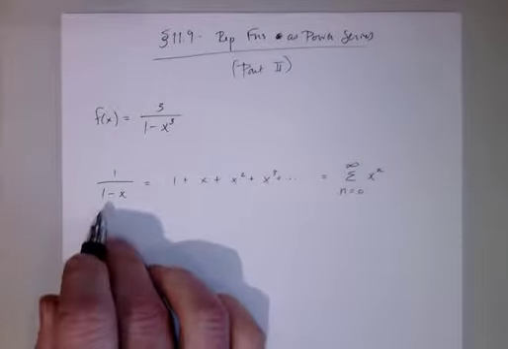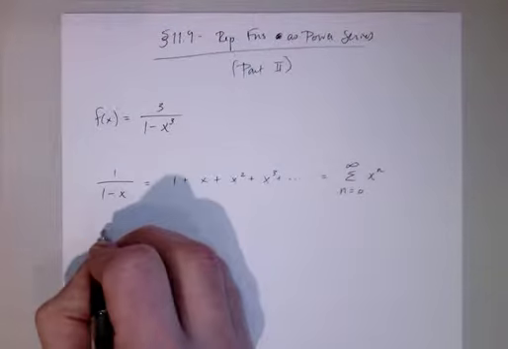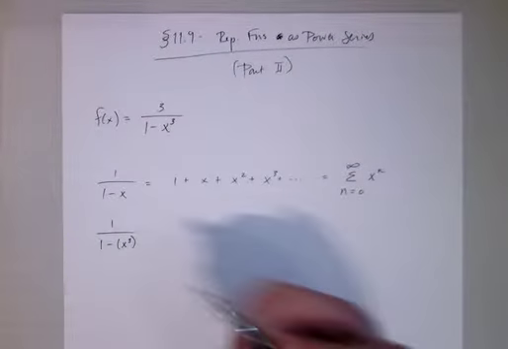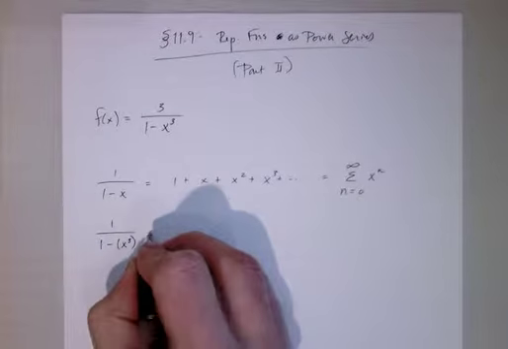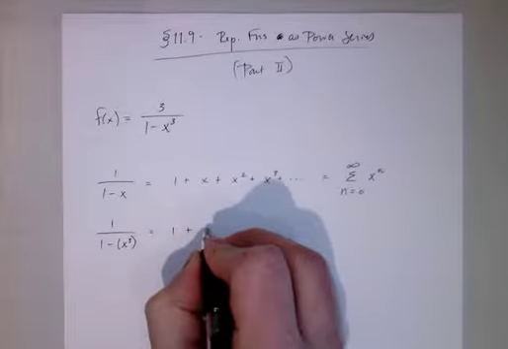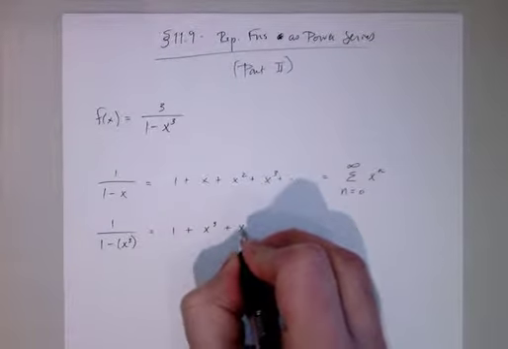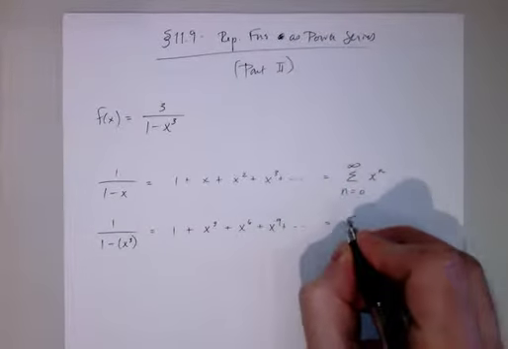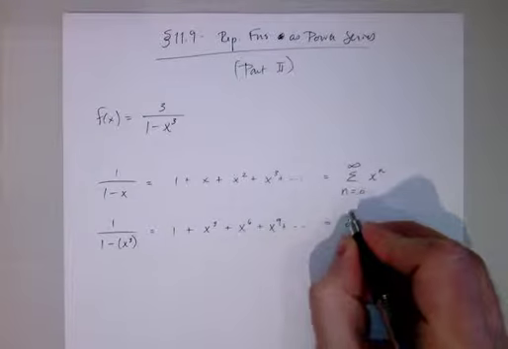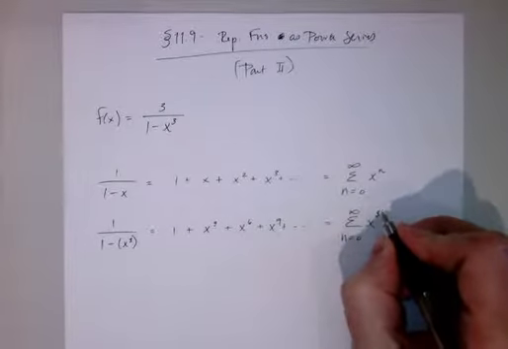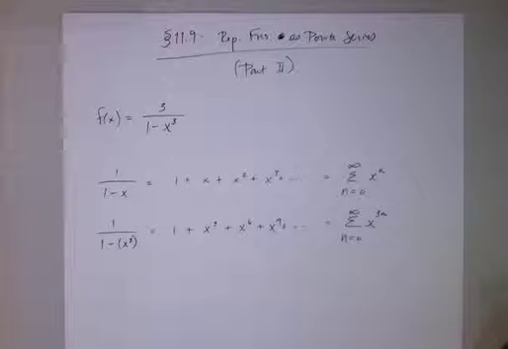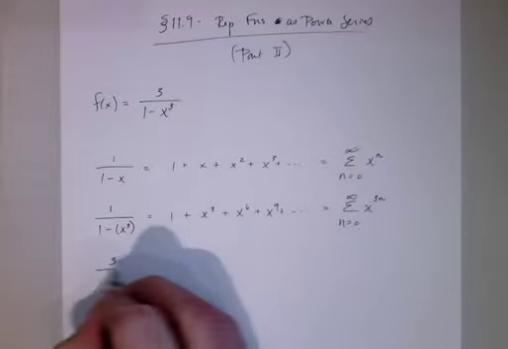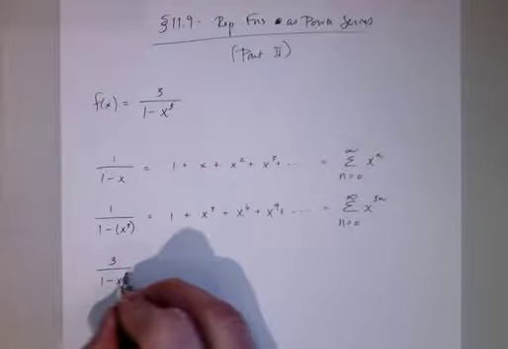Well, in order to transform this into this, it winds up being relatively simple. I simply need to, instead of putting x there, put x cubed. So it's 1 plus x cubed plus x to the 6th plus x to the 9th plus dot dot dot, and that is no longer the sum from n equals 0 to infinity of x to the n, but x to the 3n. And then in order to get the coefficient on top, I simply have to multiply through by 3, which really isn't that big of a deal.